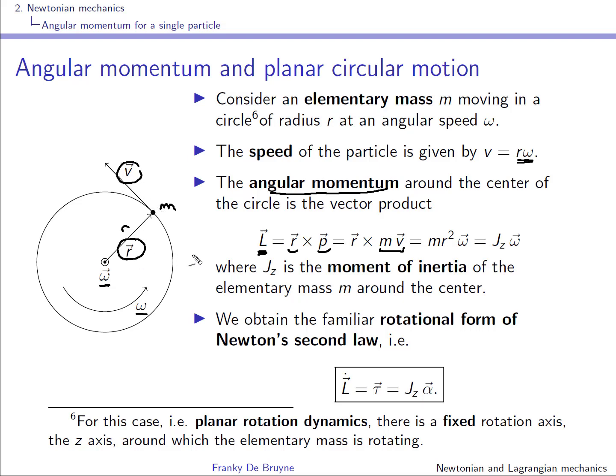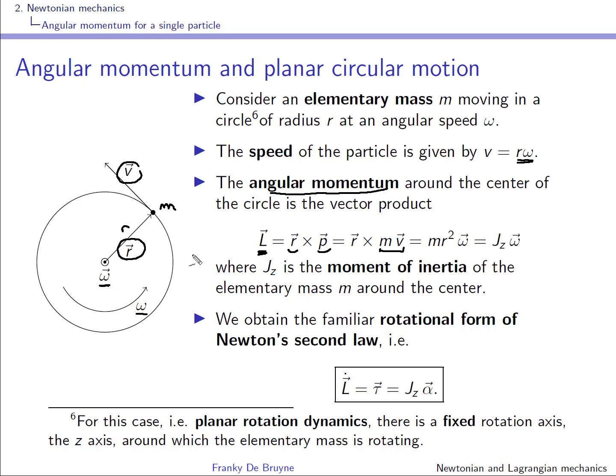Well, the result will be something that is sticking out of the page. You just take your right hand, you take your thumb and you point it out of the screen, and you will see that the natural curl of the fingers is a rotation from r to v. So the angular momentum L is sticking out of the page.